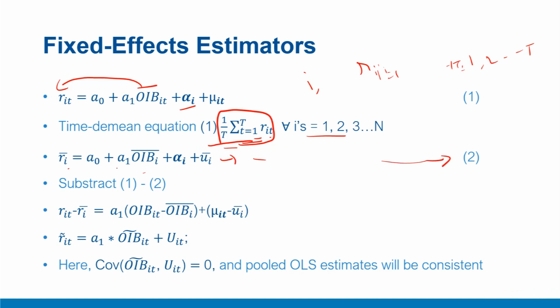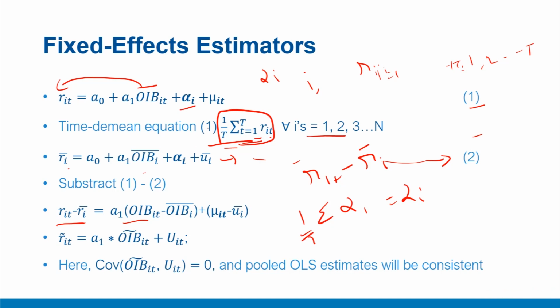So this is the time averages of variables. If we subtract equation 2 from equation 1, this is called the time demeaning process or time demean transformation, where I subtract from each observation its corresponding time mean value. For example, for security 1, RIT minus RI bar, and therefore we get this kind of transformed equation. Notice the set of terms that are time invariant, like alpha i: the time average is nothing but alpha i itself, because it is not changing with time.